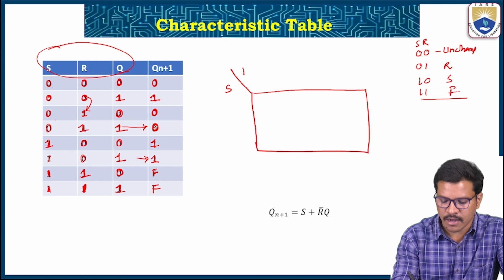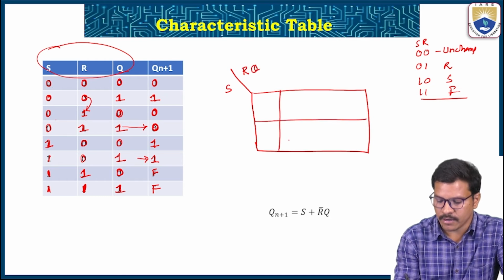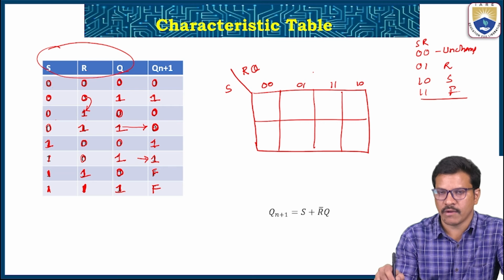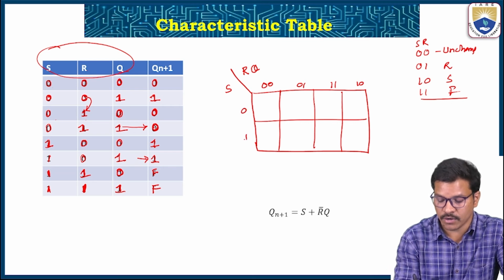S R Q. R Q is column wise, 0 0, 0 1, 1 1, 1 0, and S is row wise, 0 and 1.